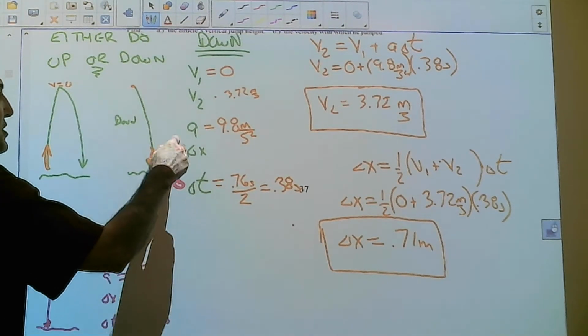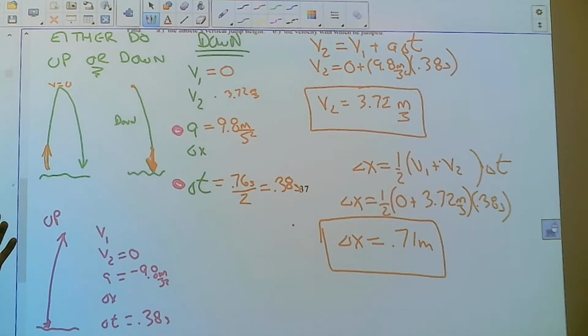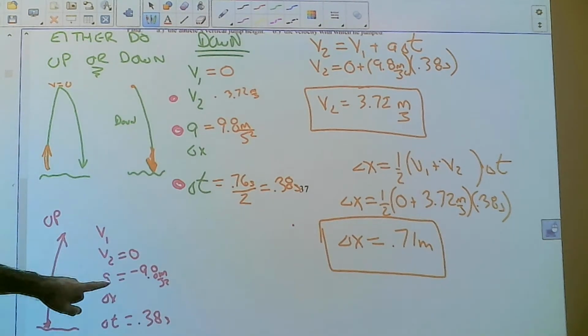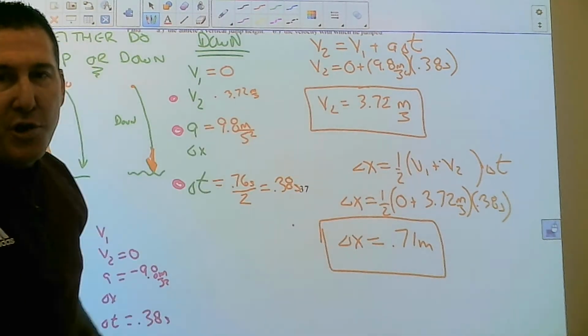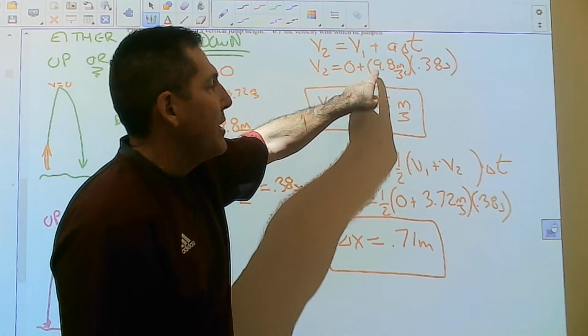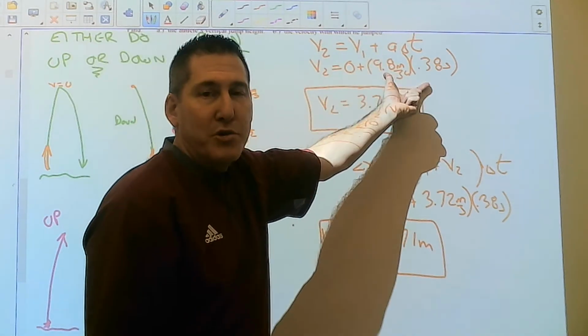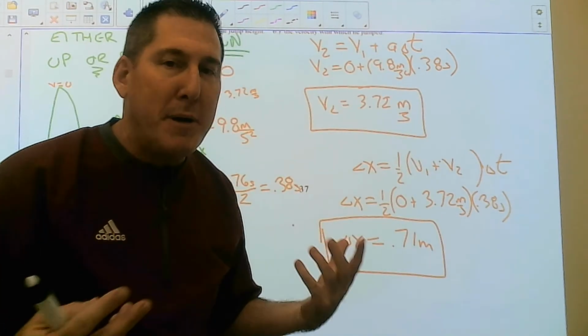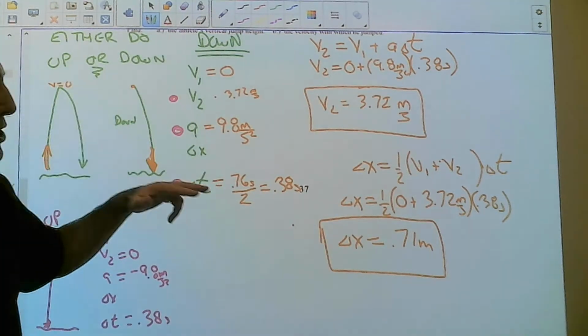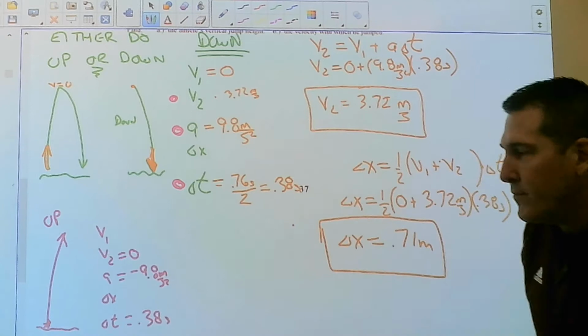That doesn't change. That's the same, just negative, and now V2 is 0. You would still use equation 1 to find V1. Now that would be 0, that would be your unknown, and that would be negative. When you subtract that from both sides, it becomes positive, and you're going to get the exact same answer. Then you're going to go to equation 2.